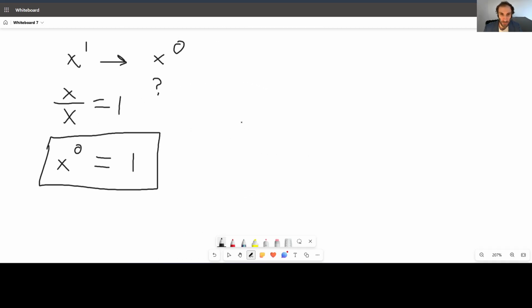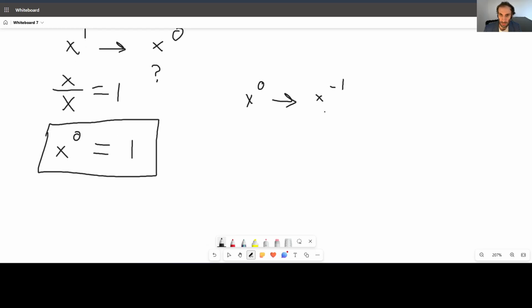Now, just for fun, we know that x to the 0 power is equal to 1, right? What about x to the negative 1? Right, well, we know that x to the 0 is 1, and we're decreasing by an exponent, which means we need to divide by x.